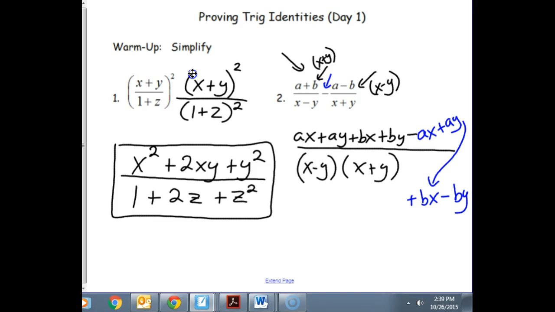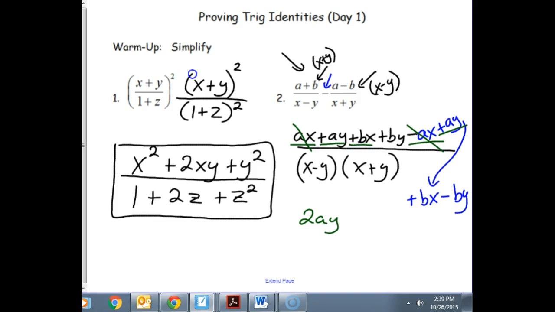Now let's look at what we have. I have a positive ax here and a negative ax there, so these are going to cancel. I have a positive ay and a positive ay, so if I add them together, I get 2ay.